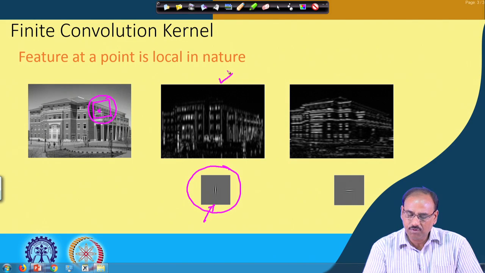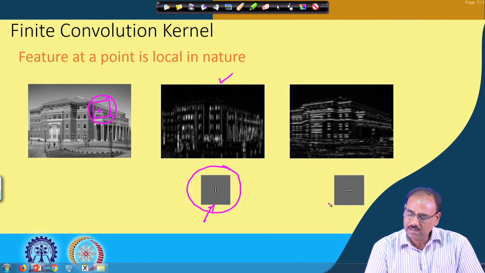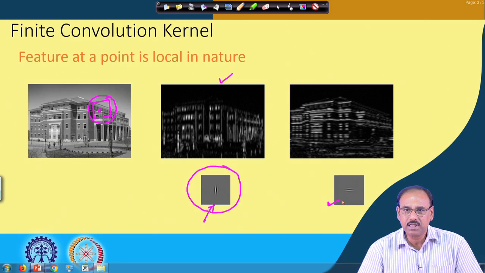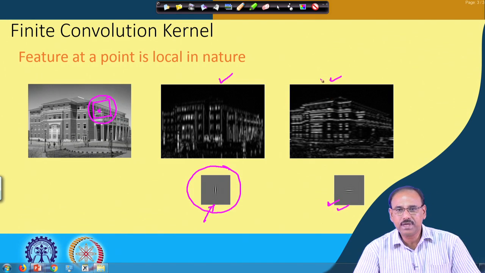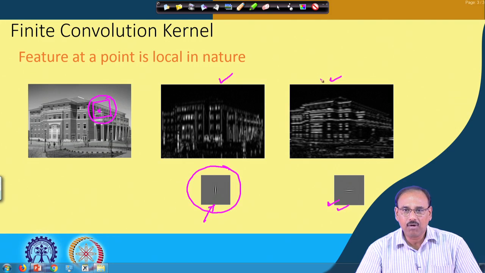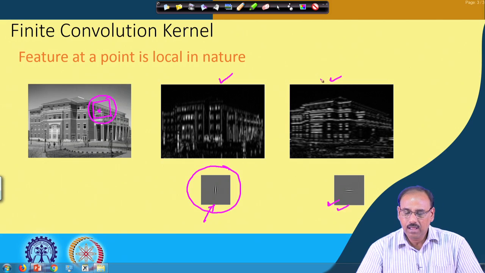Similarly, if you convolve the same image with another finite impulse response, as over here, you get this as the output, which highlights all the horizontal edges present in the image. So, this clearly shows that in the convolution operation, the kernel need not be an infinitely spanned kernel, but I can have a finite convolution kernel.